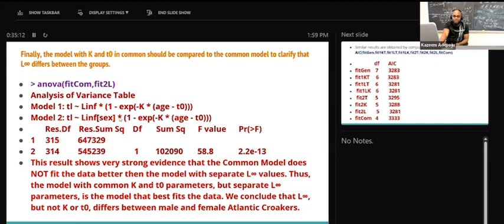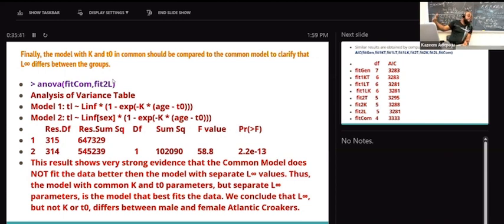Okay, when you take a look at the second one, the fit to L, model with a separate L infinity, fit to L, separate L infinity means, what do they have in common? They have K and T0 in common, but separate L infinity. That's why you say fit to L. So anytime you say fit to L, okay, it means what you don't see as part of the parameter is what they have in common.